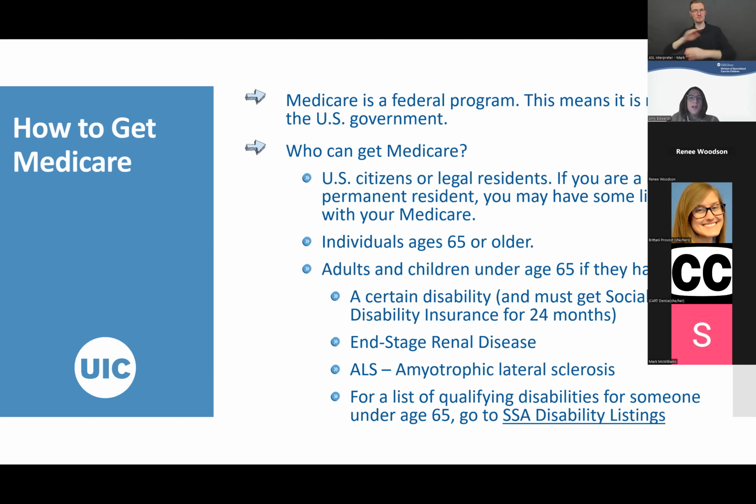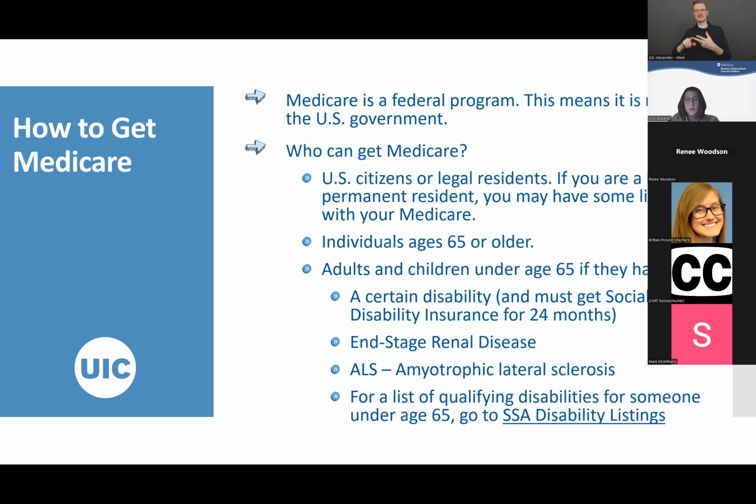So a disabled young adult must get Social Security Disability Insurance, or SSDI, for 24 consecutive months before they can get Medicare coverage. And after that 24-month mark, the Medicare would automatically begin. Others at any age could get Medicare if they have end-stage renal disease, kidney disease, or ALS, which is also known as Lou Gehrig's disease.